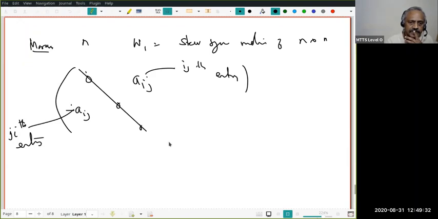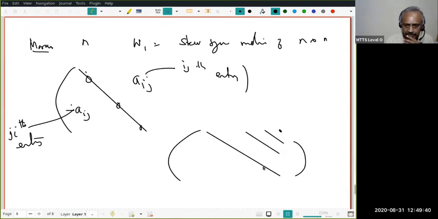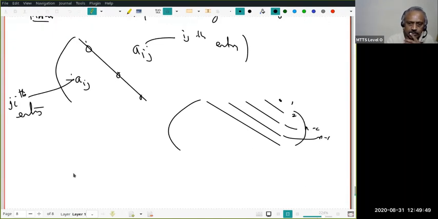Right? So how many are there? Notice that this is 0. This is the first one. This will be 2. This will be 3. This will be n. Therefore, the one before that will be n minus 1 elements, and this will be n minus 2 elements. This will be 2 elements. This will be 1 element. So how many coordinates do I need to describe a skew symmetric matrix?